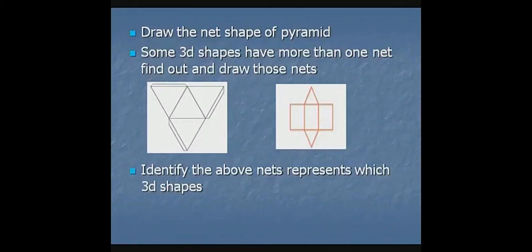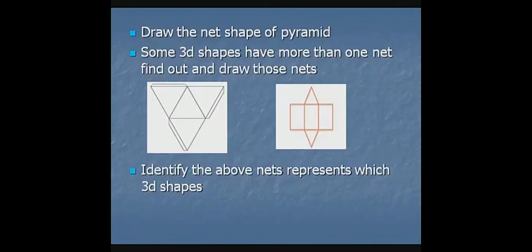This is one more thing I am going to suggest to you. Here I gave 2 figures, correct, 2 net diagrams. You have to identify the nets which you are observing now, and what kind of 3D shapes are represented by those 2 net diagrams.